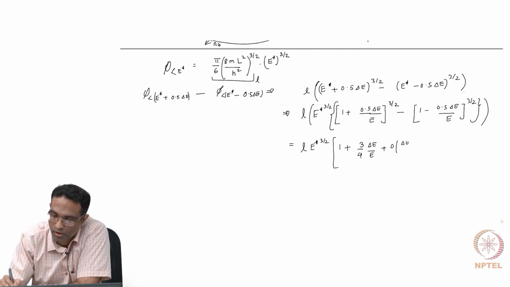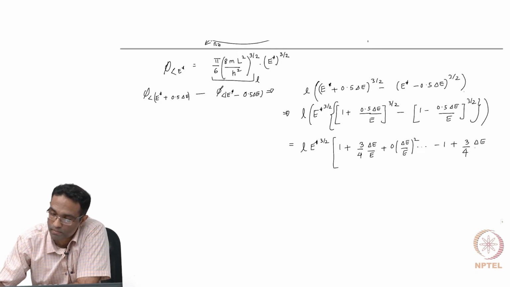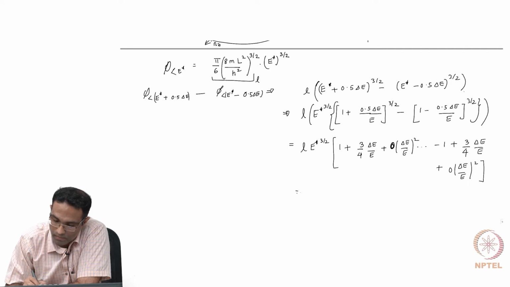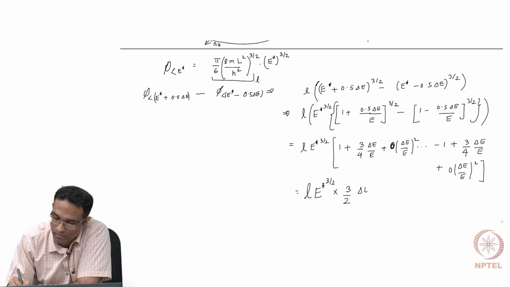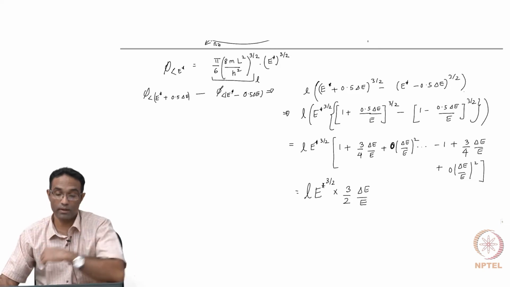Terms will be of the order of delta E by E, the whole square, minus 1 plus... is what you get.